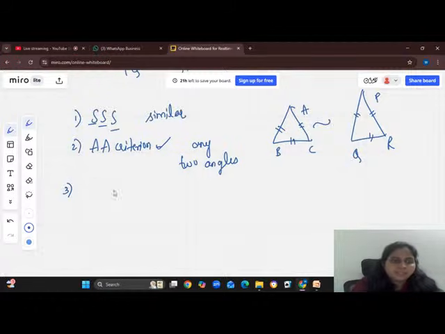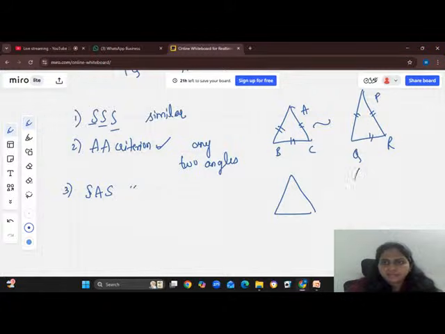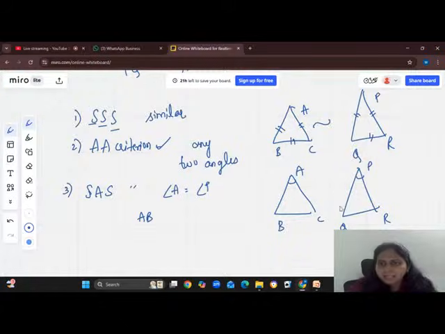And the third one is the side-angle criterion. For example, if I take this triangle ABC and this PQR, angle A must be equal to angle P. The sides including angle A are AB and AC, and the sides including angle P are PQ and PR. So AB by PQ must be equal to AC by PR.